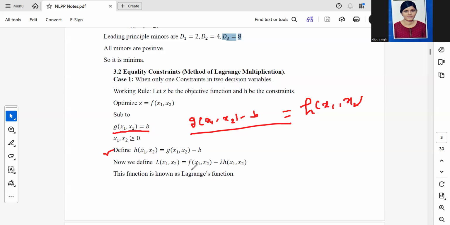Just write the objective function f of x1, x2 minus lambda times h of x1, x2. This function is known as the Lagrangian function, and lambda is called the Lagrangian multiplier.